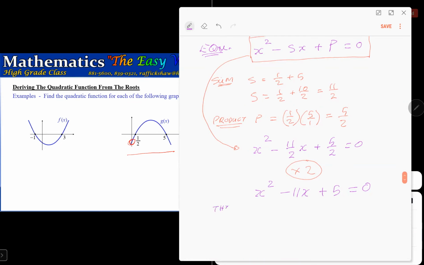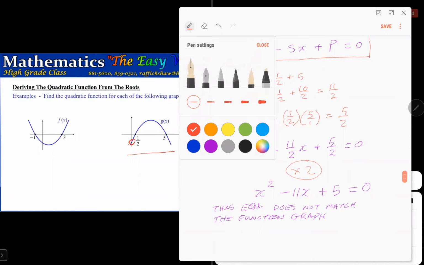This equation does not match the function as presented on the graph. This is a smiley equation, but we have a frown graph. The two roots are the same, but the graphs don't match. So to get it to match, we just need to flip it by multiplying by a -1.